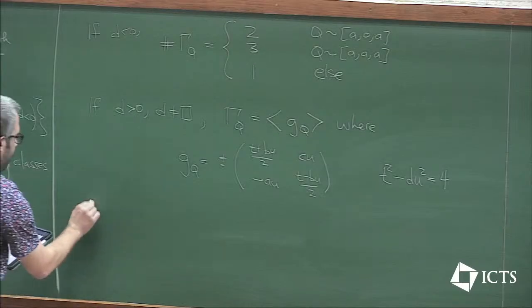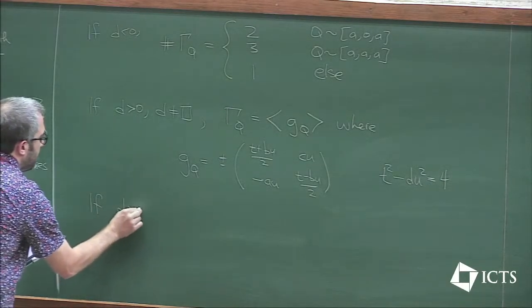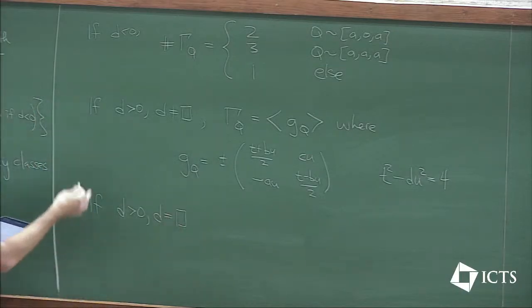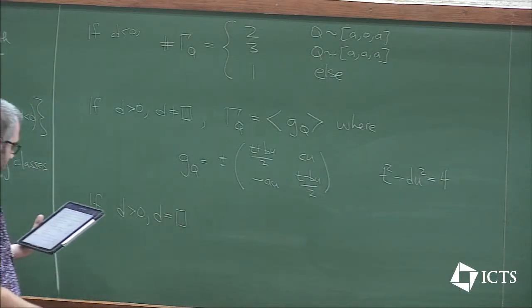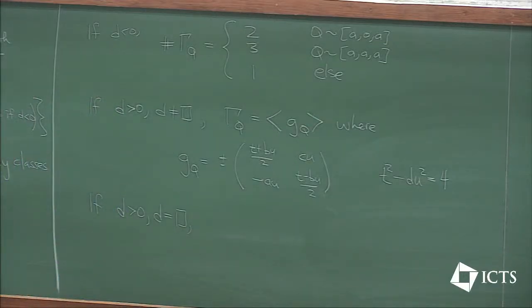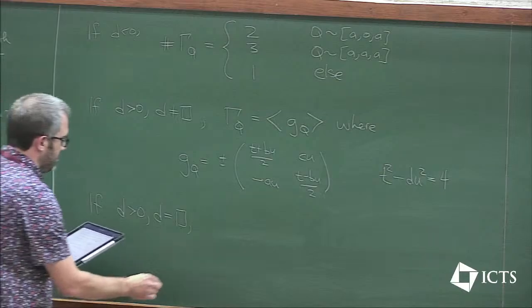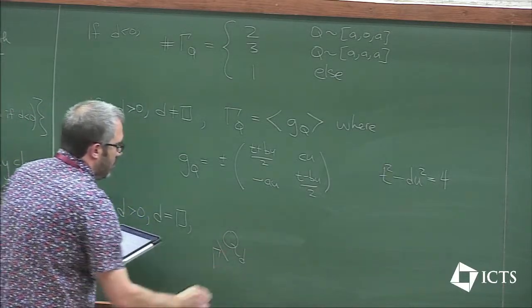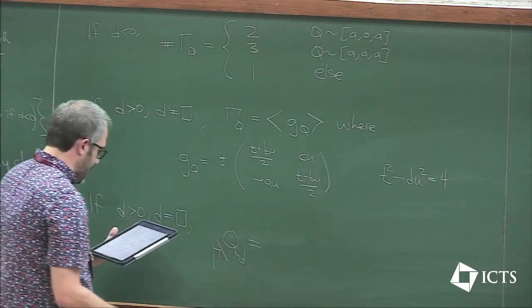Okay, and if d is positive and a square, well, I don't want to talk about Gamma_Q anymore. I'll actually just tell you exactly what the whole group looks like. Because in this case, I can actually describe the whole thing very easily. So I'll just tell you exactly what Q_d mod Gamma is.